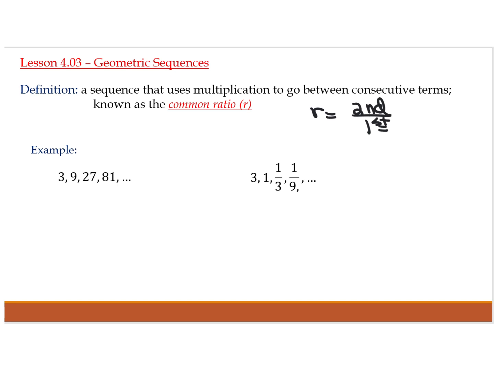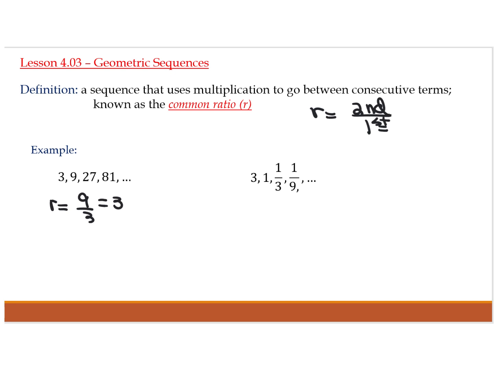All right, so let's look at example 1. We have the sequence 3, 9, 27, and so on, which means it is infinite. I'm going to find the value of r, and I'm going to use the second term divided by the first, and I find that r is equal to 3.